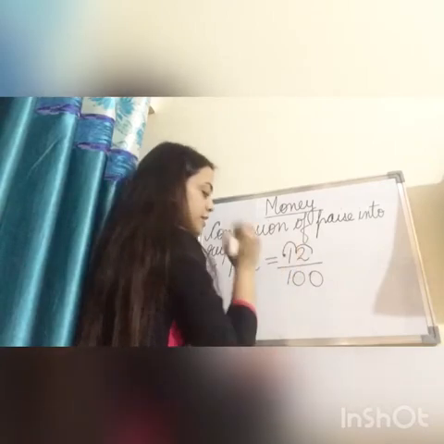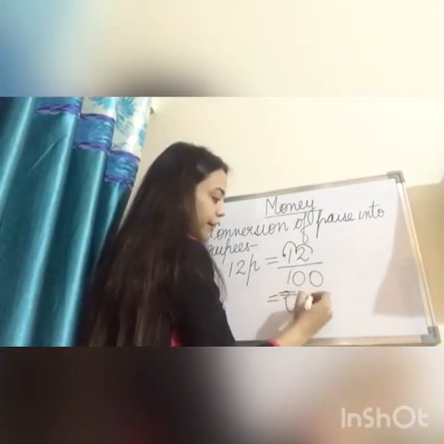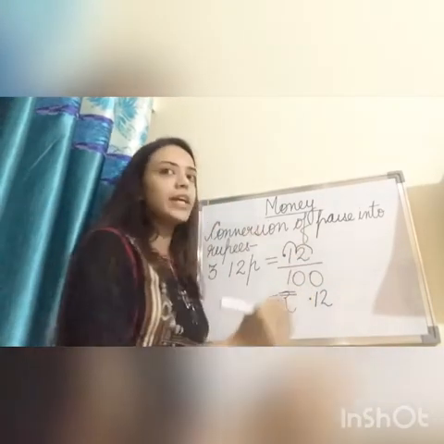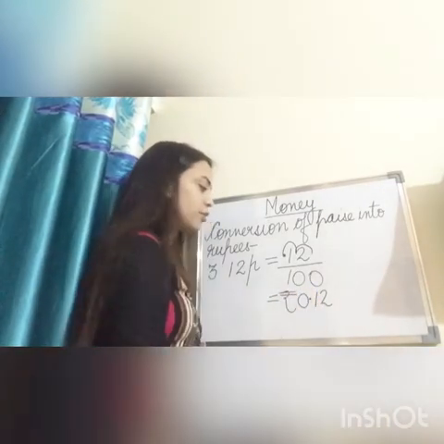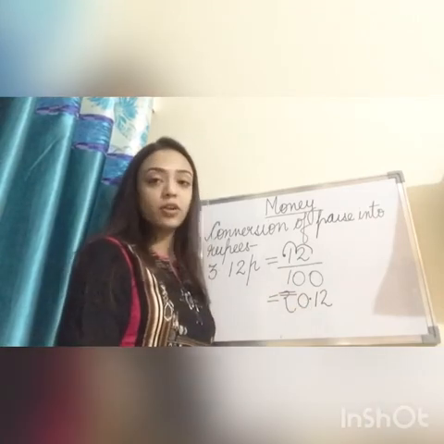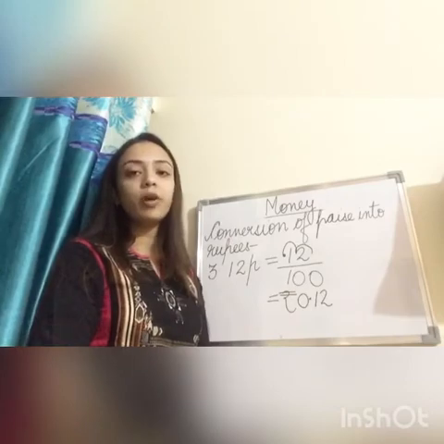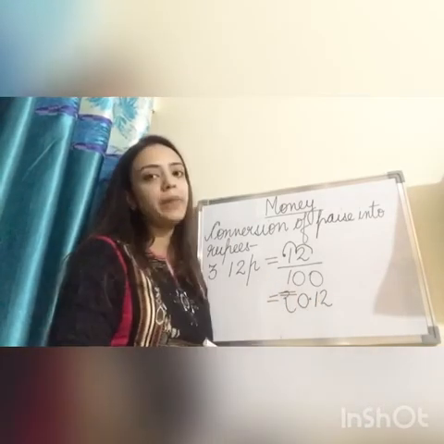So here the decimal came. So rupees 0.12. And you don't leave the decimal alone. So I have added a 0. If you write rupees .12, that is also correct. I have added a 0 because you don't leave a decimal without a 0. So the answer is rupees 0.12, which is 12 paise.